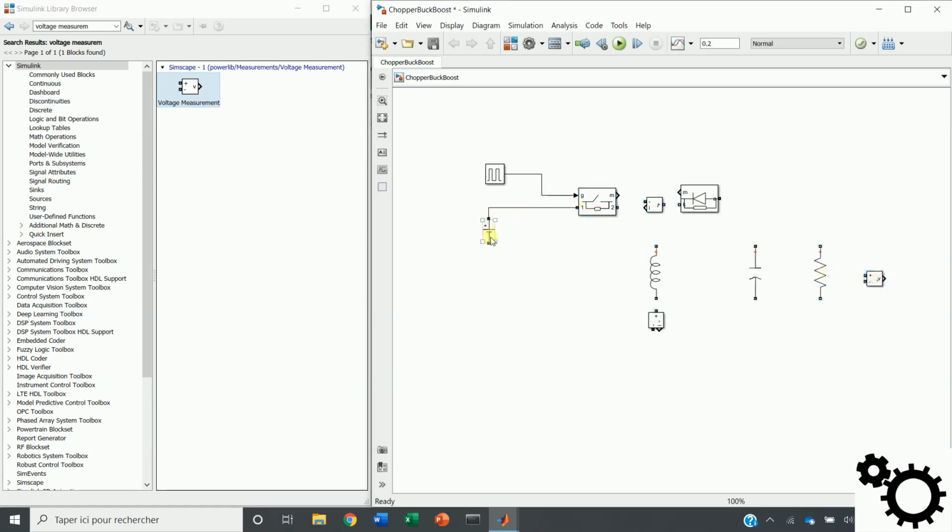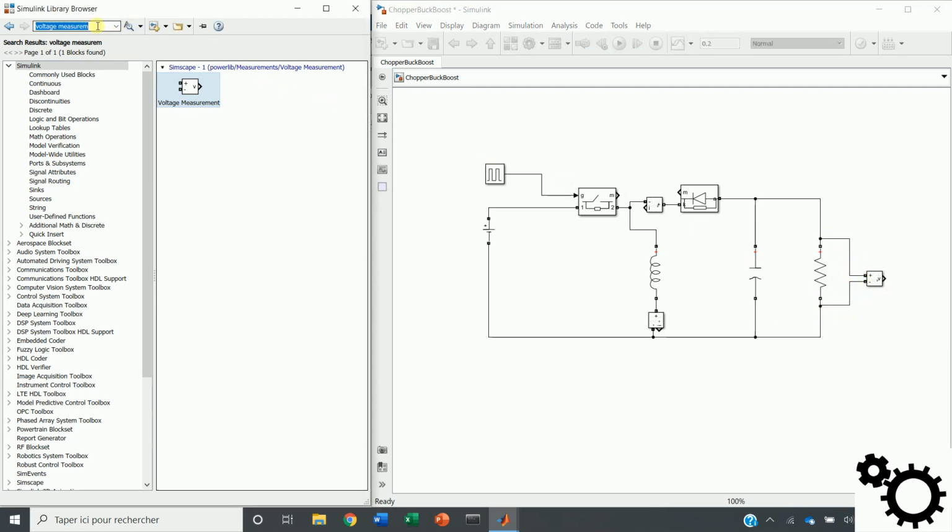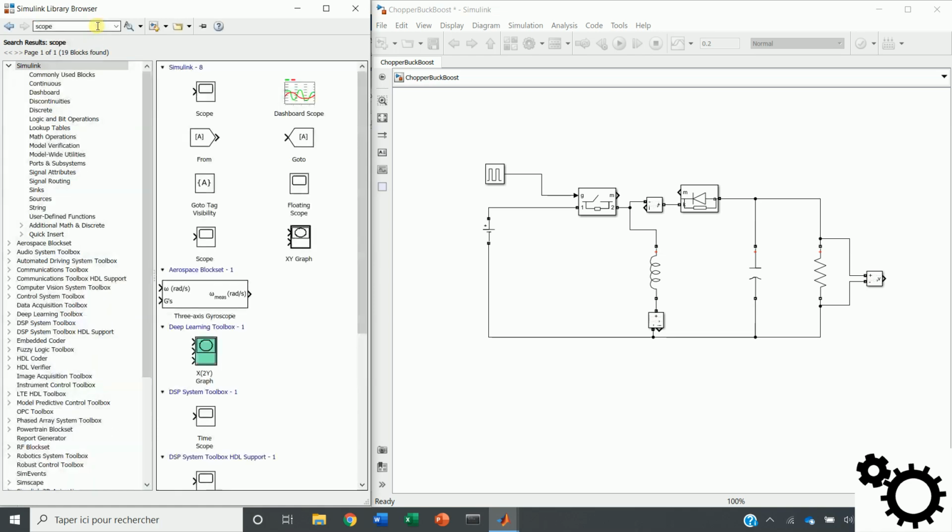We can link the components together. And we can add the scope for displaying the signals.